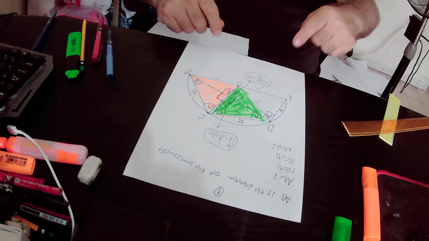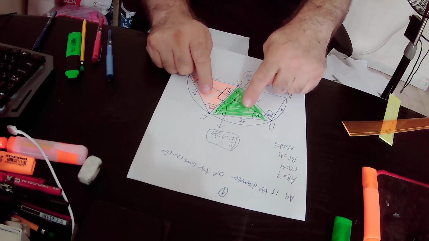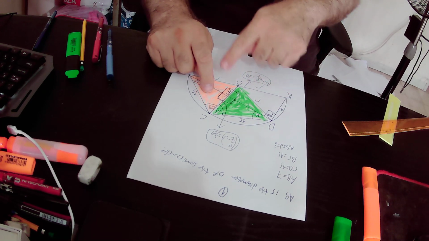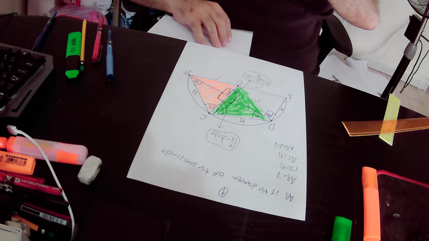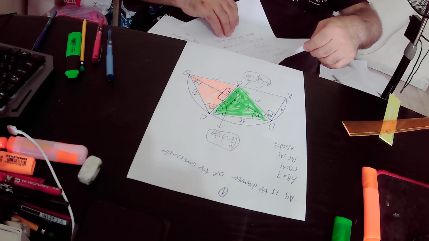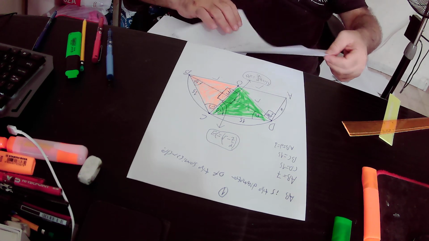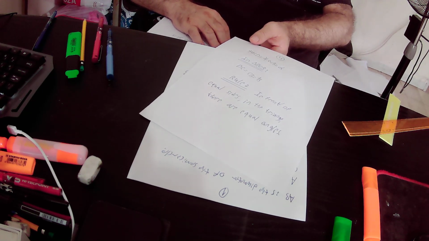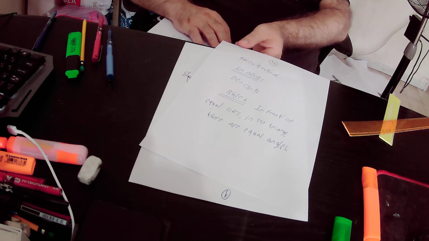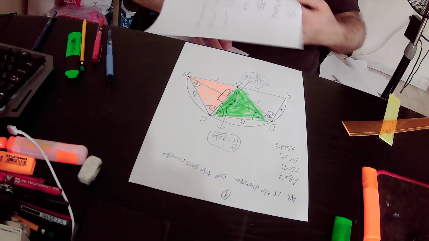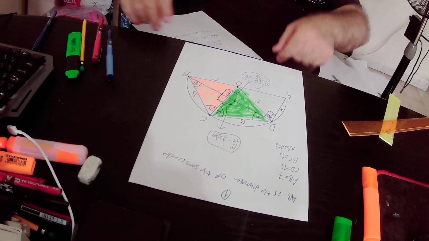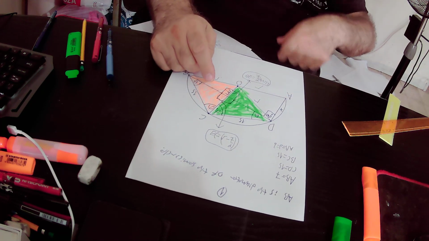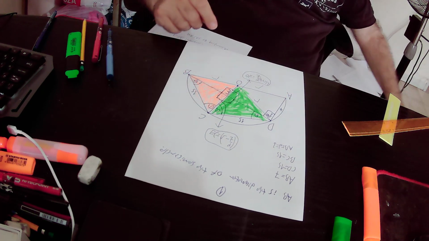Those two angles are the corresponding angles in the green triangle that is congruent to the orange triangle. So angle BCD equals angle OCB equals alpha according to our definition. Those two angles are equal to alpha and to each other.